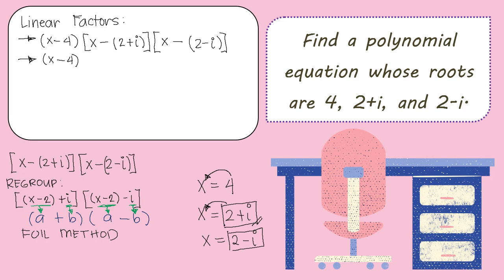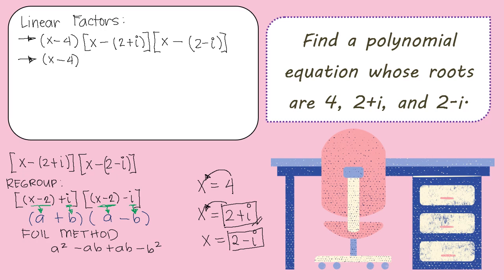So using the FOIL method, a times a, a squared. A times negative b, negative ab. b times a, so we will have positive ab, and positive b times negative b will have negative b squared.